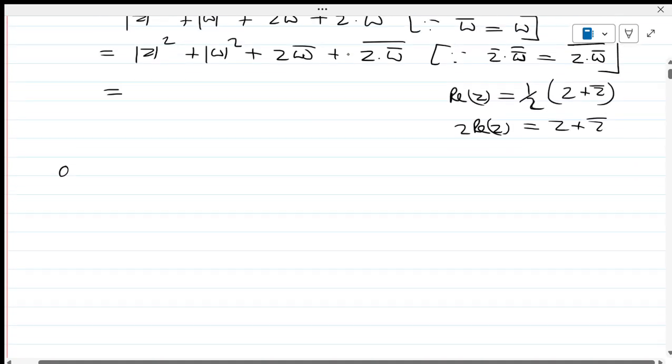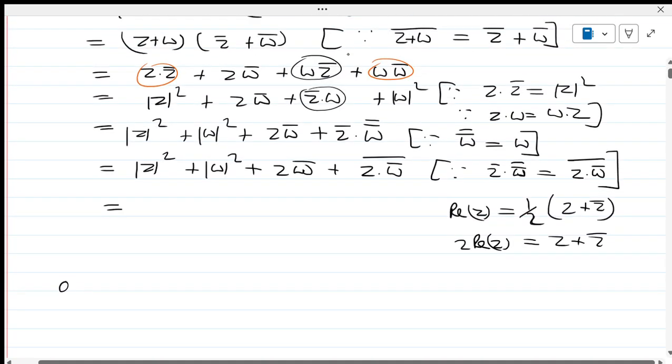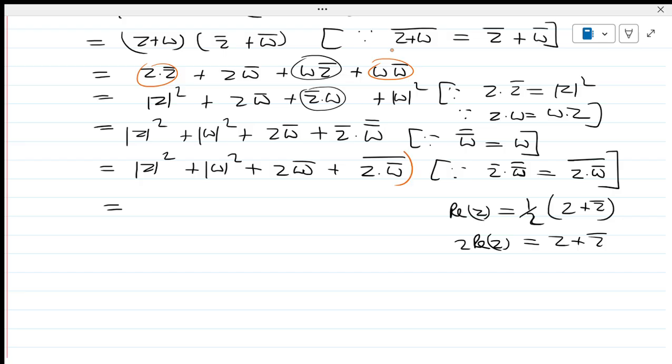And by following this, we can apply this property to the sum of these two terms, right? So z into w conjugate plus the double conjugate of z into w conjugate, for this we can write down two times the real part of z into w conjugate.